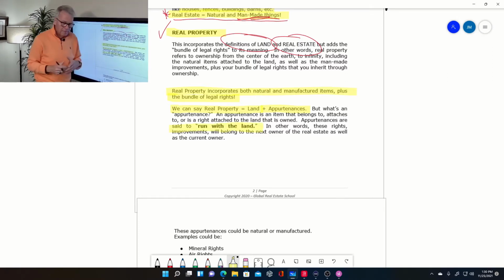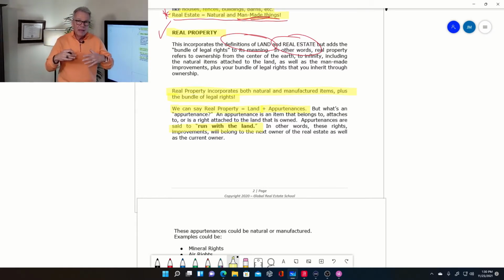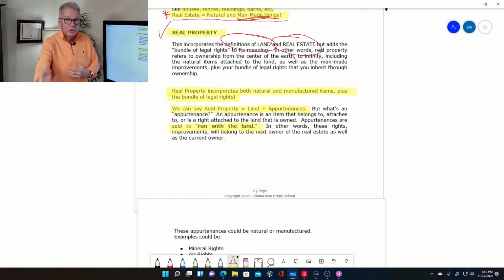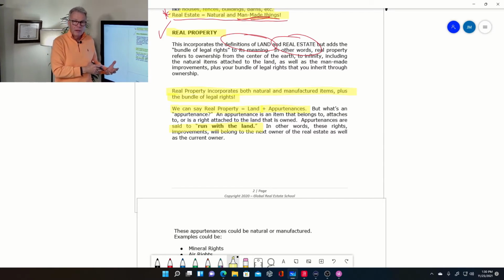So what do we mean by that? We mean that if I sell the property to you, you get that appurtenance, or that right, or that easement, or any of these other items that we will talk about as we move through the course. So there is a definition called an appurtenance. They are items or rights or privileges that attach to the land and they run with the land.